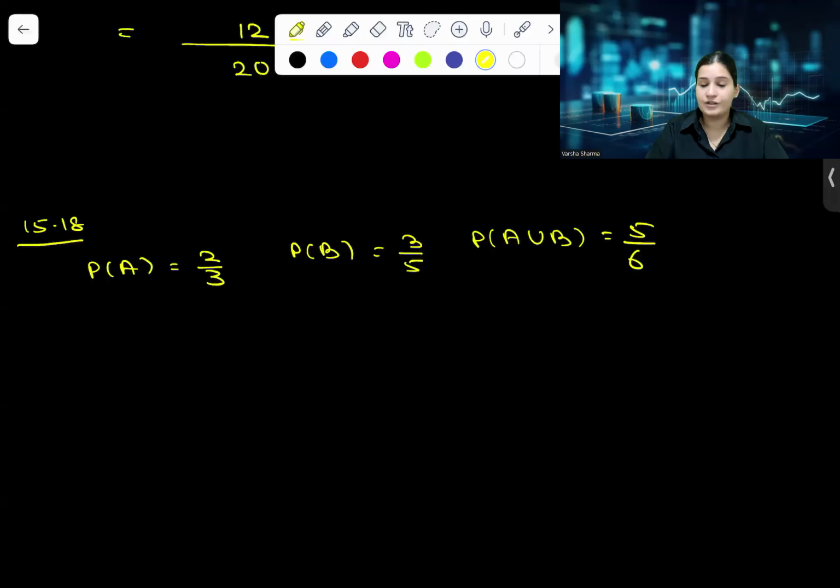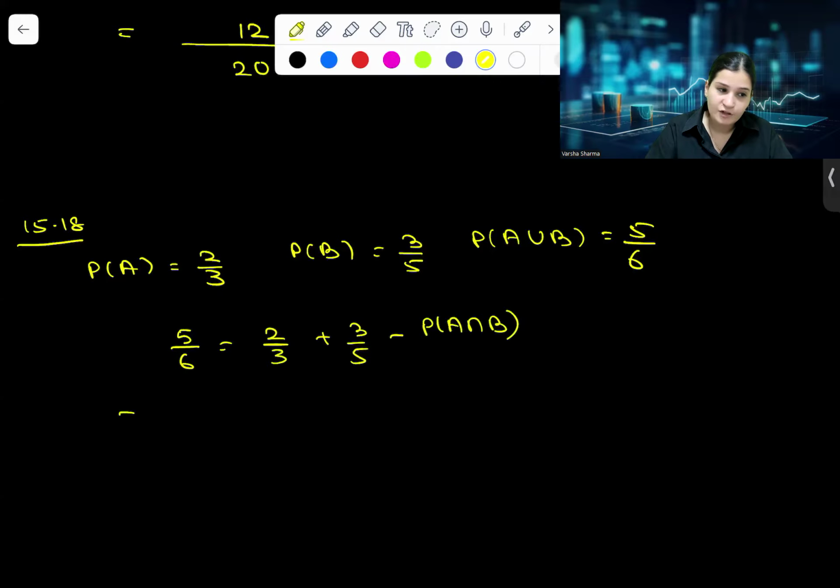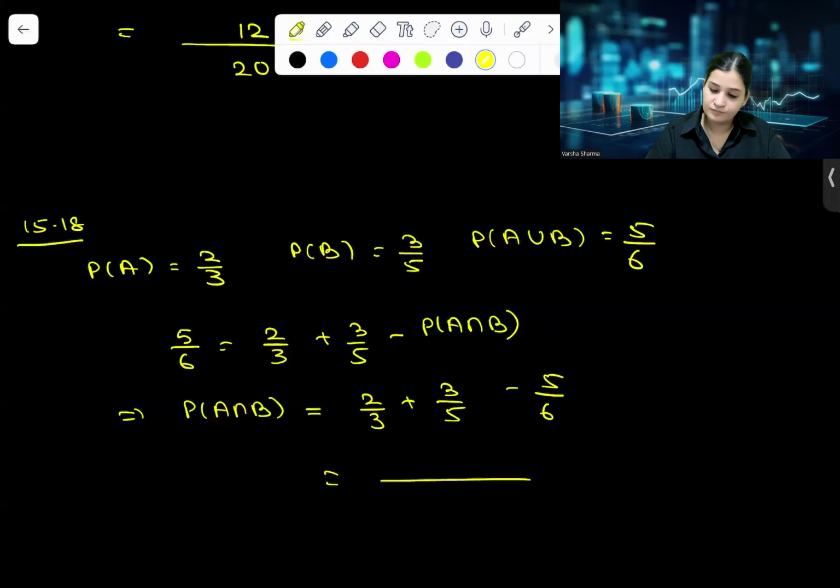First, find out intersection. We know that union is equal to A plus B minus intersection. Find out probability A intersection B. Thirteen by 30.